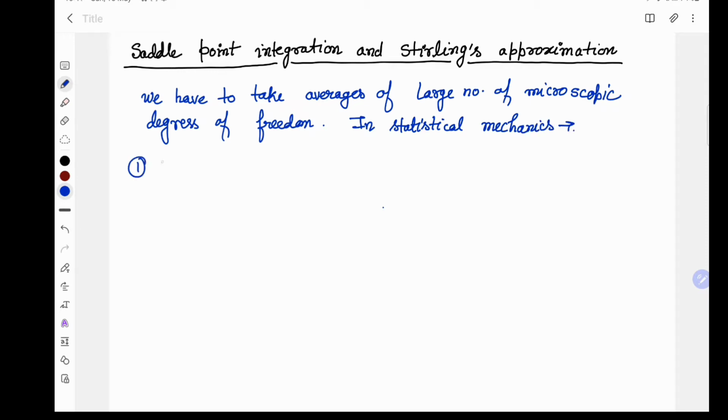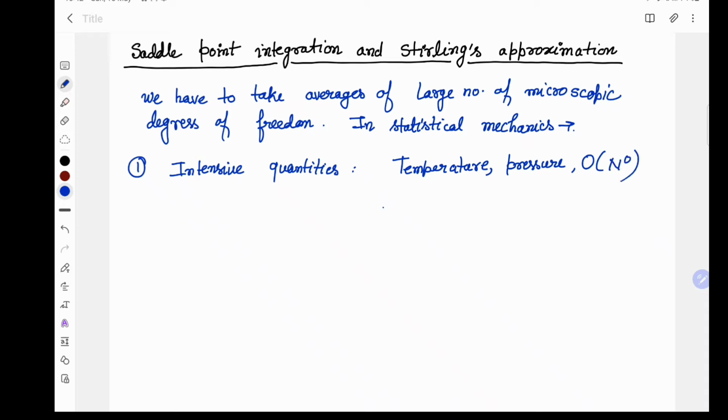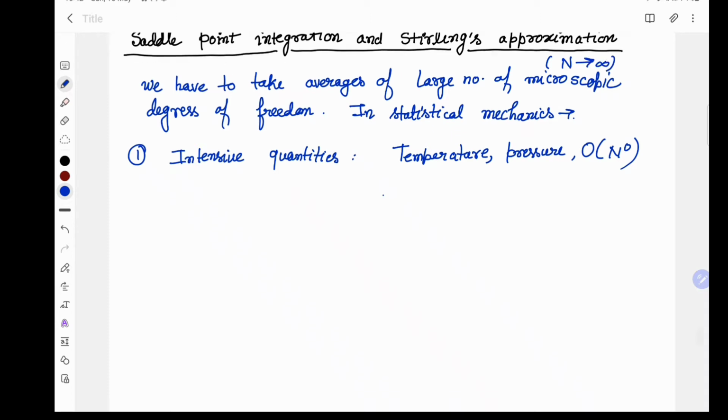First are intensive quantities like averages, such as temperature, pressure, density, etc. And they have order n to the power 0 dependence, if n is the microscopic degree of freedom and n tending to infinity we are considering.